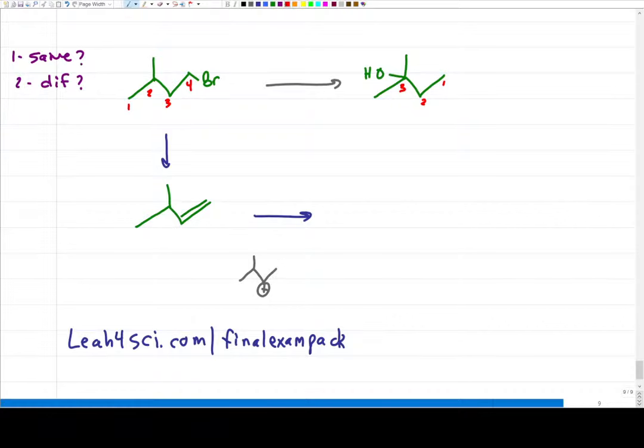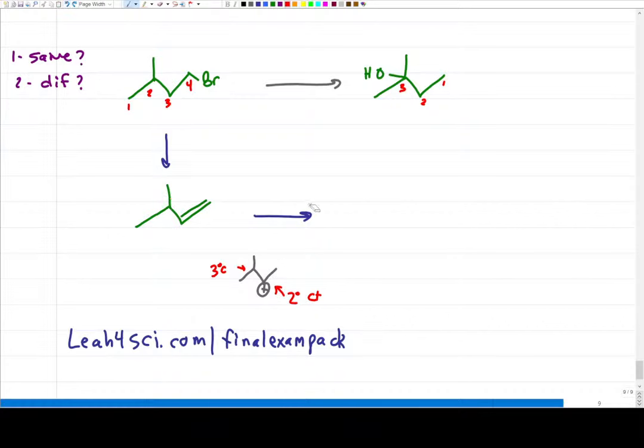And this is another pattern you want to recognize. Anytime I have a secondary carbocation near a tertiary carbon, I will have a carbocation rearrangement. I will have a hydride shift. And so that is going to be the carbocation position right there.